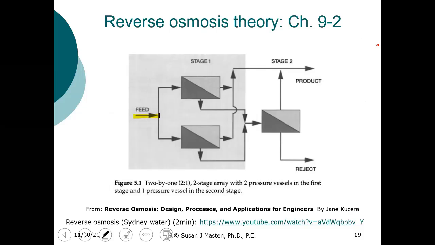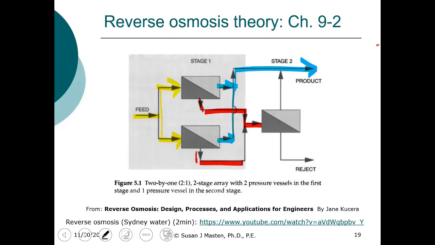So we have feed water. We have product water that we're producing. So this is our product water here. We have our reject stream. And what we're doing here is we're taking that reject stream and passing that through a second membrane system.